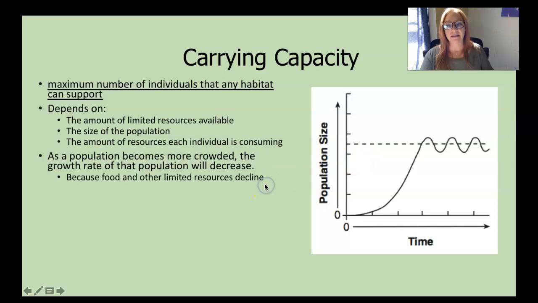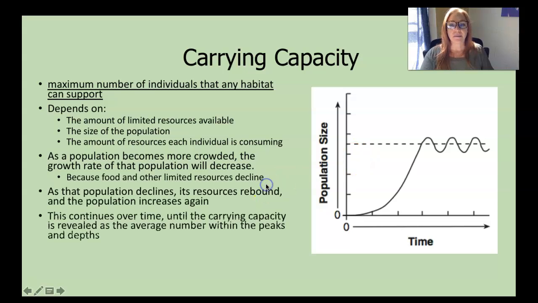The carrying capacity, oh, I could have been showing you more of that. Okay. So we get this cycle of birth and use, and then death and rebound of the environment. The carrying capacity is kind of the average number within those peaks.